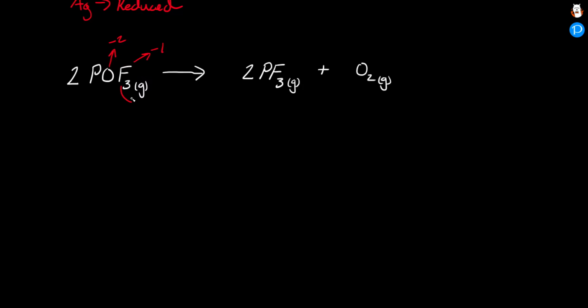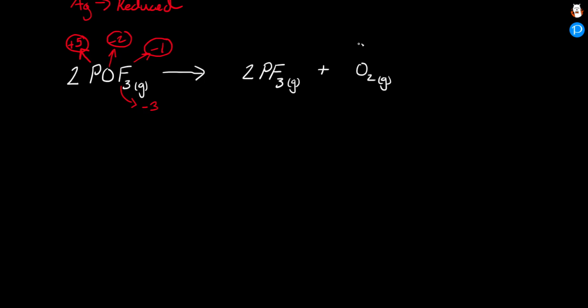Now the fluorine, I've got 3 of them, so that's a total of -3. So I've got a -2 coming from 1 oxygen, and a total of -3 coming from the fluorines. That means that that phosphorus needs to be +5 in this case. So there's my oxidation numbers for the phosphorus, the oxygen, and the fluorine at the beginning.